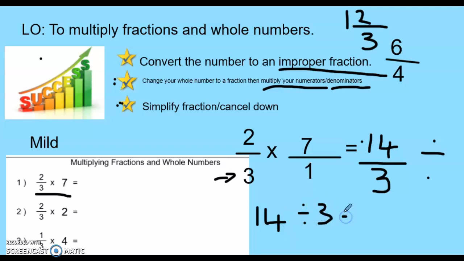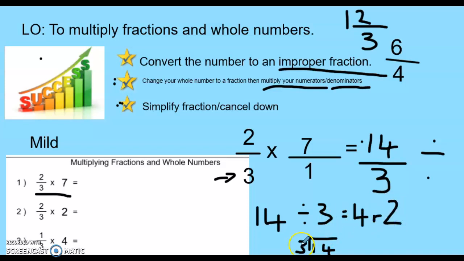I could use my multiplication skills to help me here. I could count in my 3's to see how many times 3 goes into 14, or I could use the bus stop method. If I count up in my multiples of 3, 3, 6, 9, 12, I know that 3 goes into 14 4 times. 3 times 4 is 12, and the difference between 12 and 14 is 2, so the answer is 4 remainder 2.